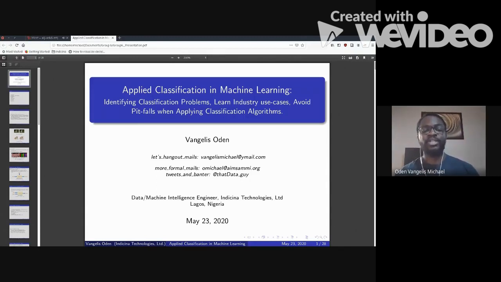And today's session is applied classification in machine learning: identifying classification problems, learning industry use cases, and avoiding pitfalls when applying classification algorithms. Basically, I'll be trying to explain all of this to you and how you can also start out thinking about classification problems for your particular industry.